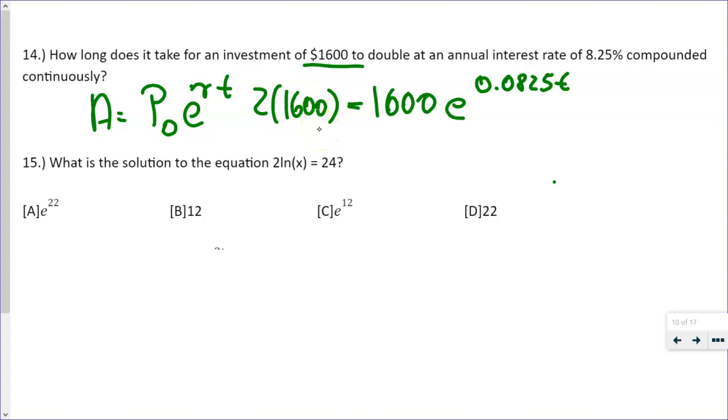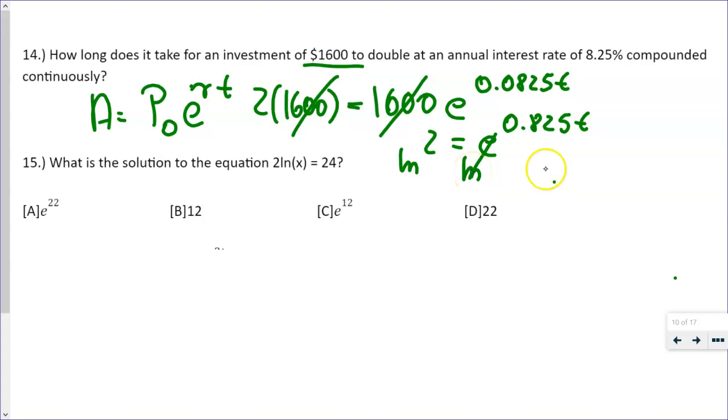Okay. So now remember, if proportionally you have the same numbers or variables on each side of the equal sign, they can cancel out. So we have 2 left, equals e raised to 0.0825t. Now, how do we get rid of e? We're going to do the inverse, which is ln. All right. So ln and e are going to cancel out. I get ln of 2 on the left equals 0.0825t.